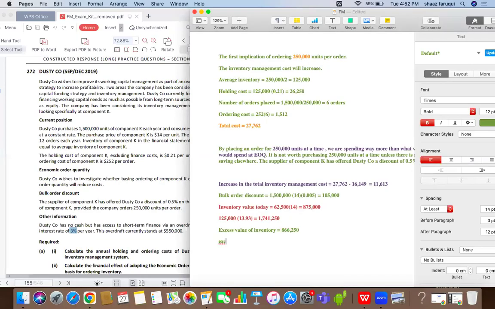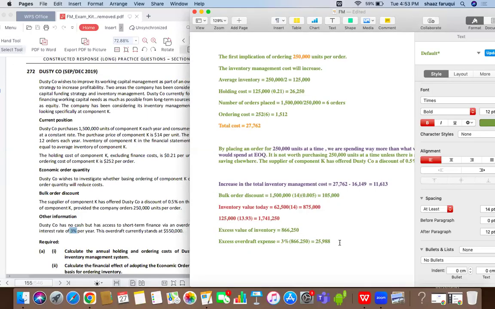Therefore, the excess overdraft expense will be 3% of 866,250. Anu, can you tell me how much is it? $25,988. So this is an extra cost.